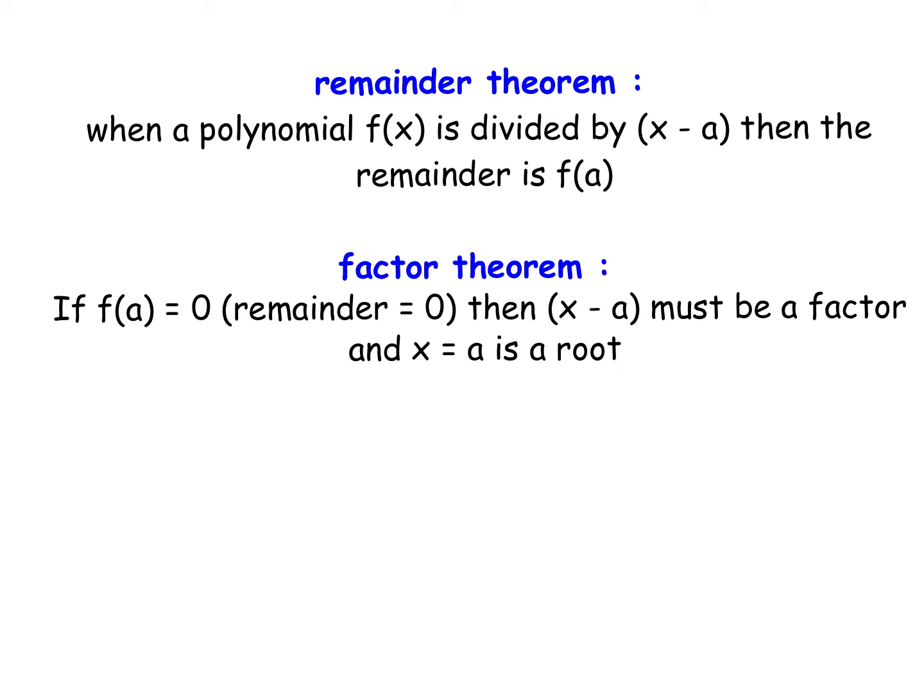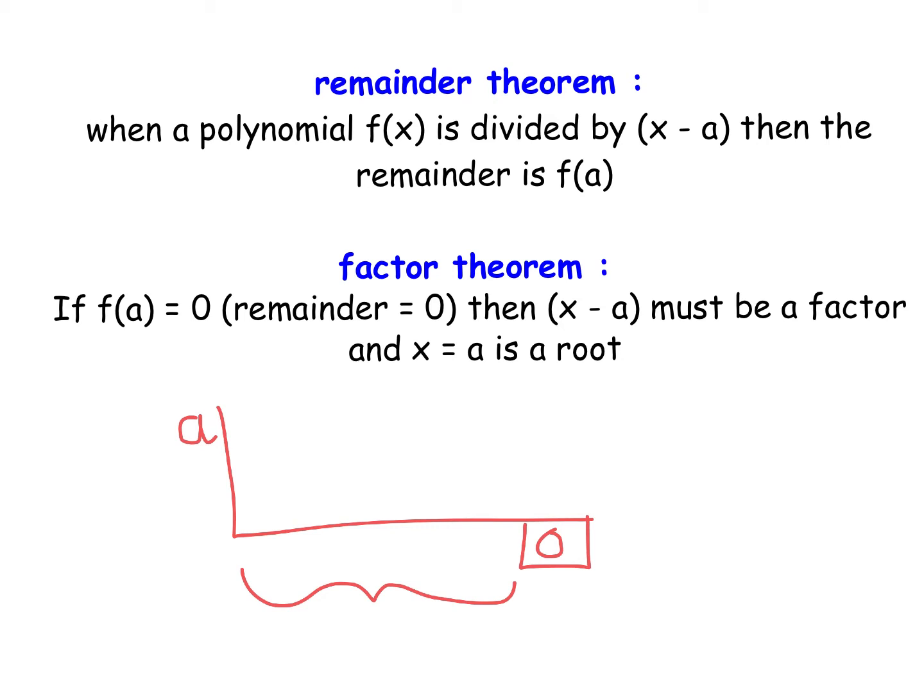The second thing I want to talk about is the factor theorem. This is probably one of the most important bits about polynomials because they ask you all the time to prove that something is a factor. So if you go in your nested table and you come down and the number you come out with at the end is 0, then that means your remainder is 0. It means that whatever you're dividing by, let's call it a, and you came out with your quotient, it factorises perfectly with no remainder.